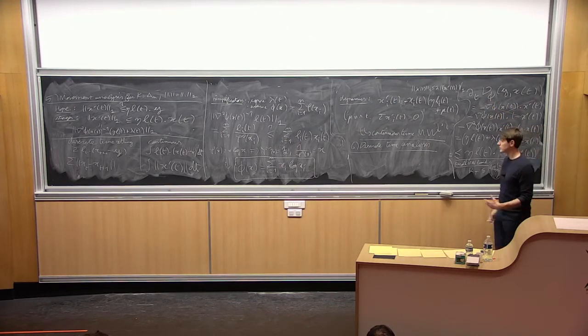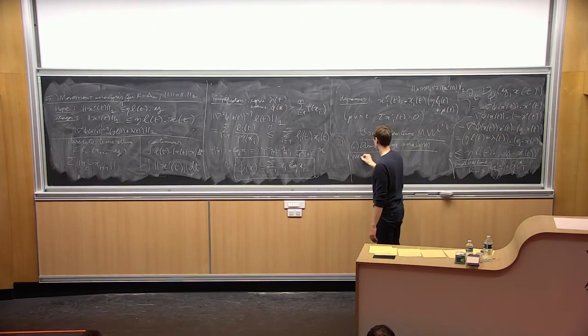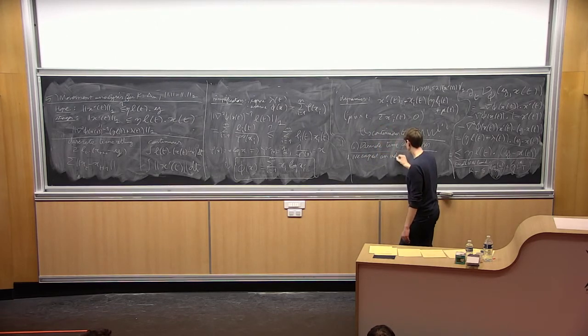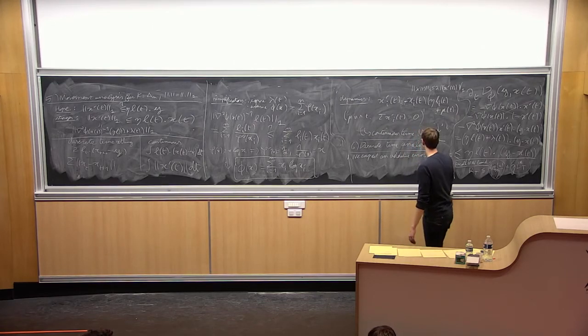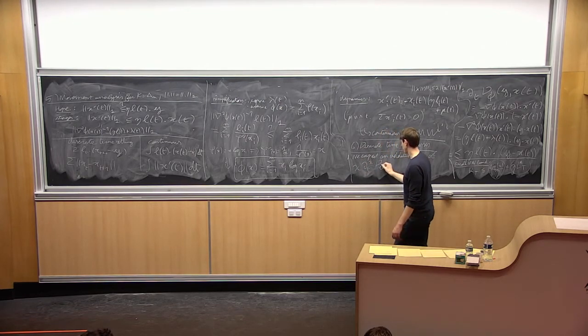So let's first see what we should expect. So we expect an additive error of something like the second order derivative of the Bregman divergence in our potential analysis.